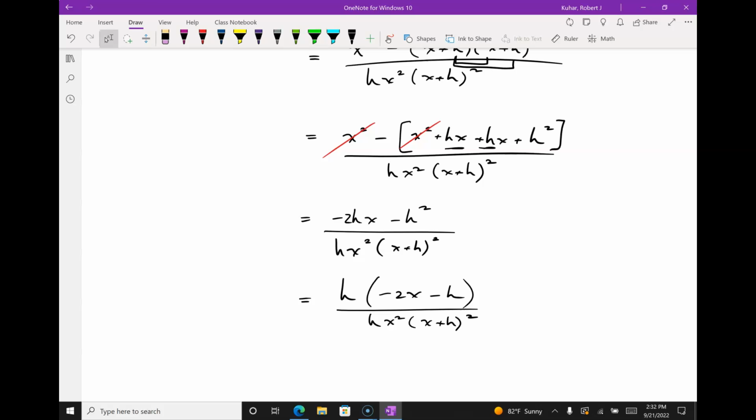When the distance between the points becomes 0, what happens to my 2 points? They become the same point. Calculus is all about how can I calculate the slope at a single point? We know we can't, right? So we learn something called limits in calculus first, so that we can then find the slope at a single point. So now my h's cancel.